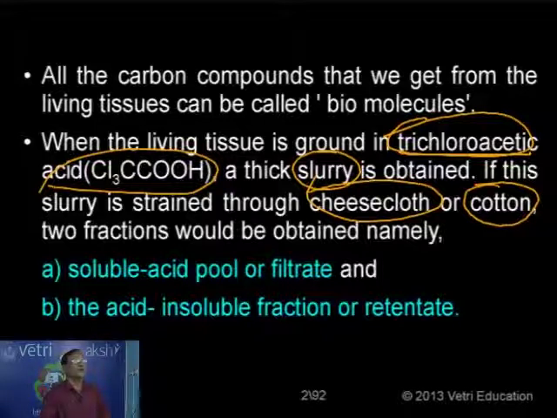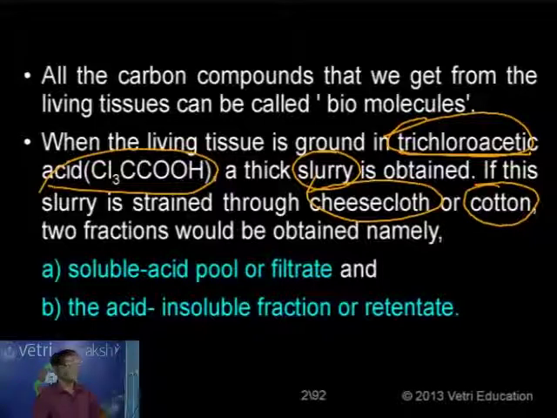The first one, the filtrate, is called the acid soluble pool. When we filter the fluid, one part is completely filtered and some solid part is retained on the surface of the cloth.